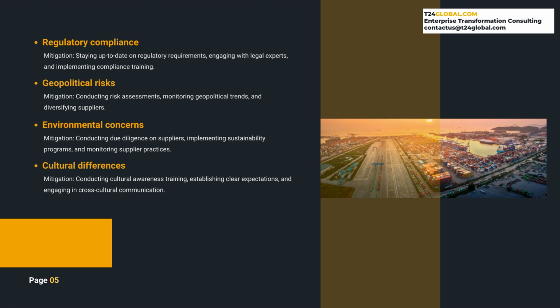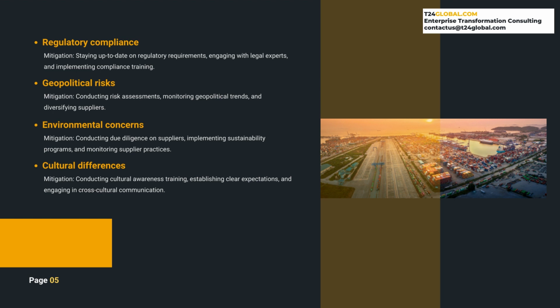Environmental concerns. Environmental concerns can lead to reputational risks, regulatory non-compliance, and legal liabilities. To mitigate such risks, organizations need to conduct due diligence on suppliers, implement sustainability programs, and monitor supplier practices.